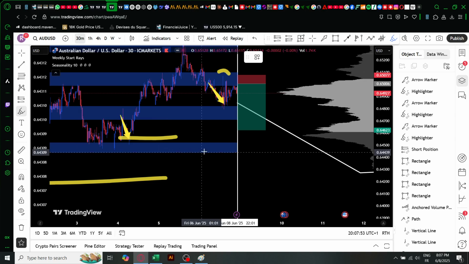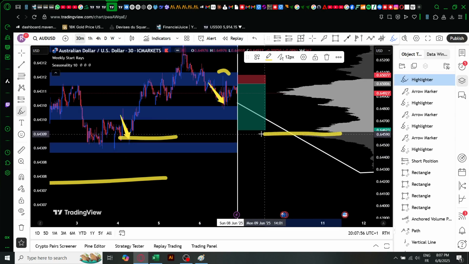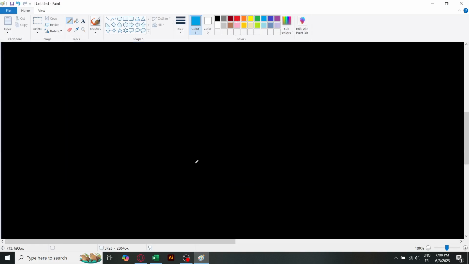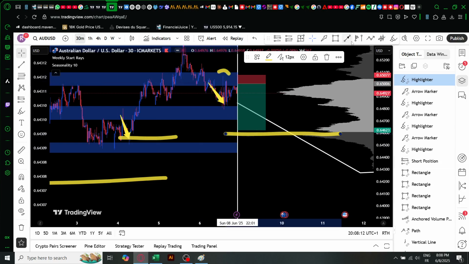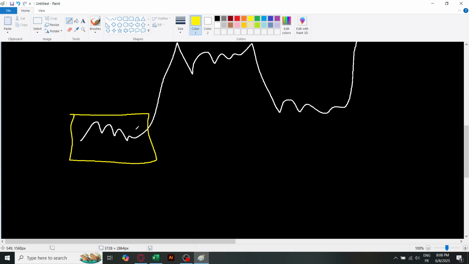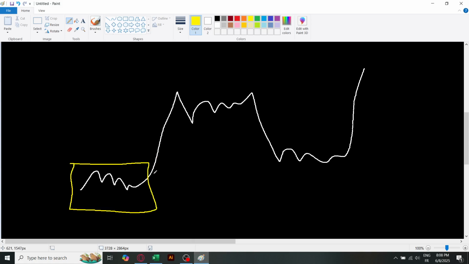But if you want a safer option, I suggest you target this point of control, because the price moves like this. Why? Because if, let's say, price is consolidating at this level, and then price breaks through this level, it means there is not enough liquidity for the institutions trying to buy.